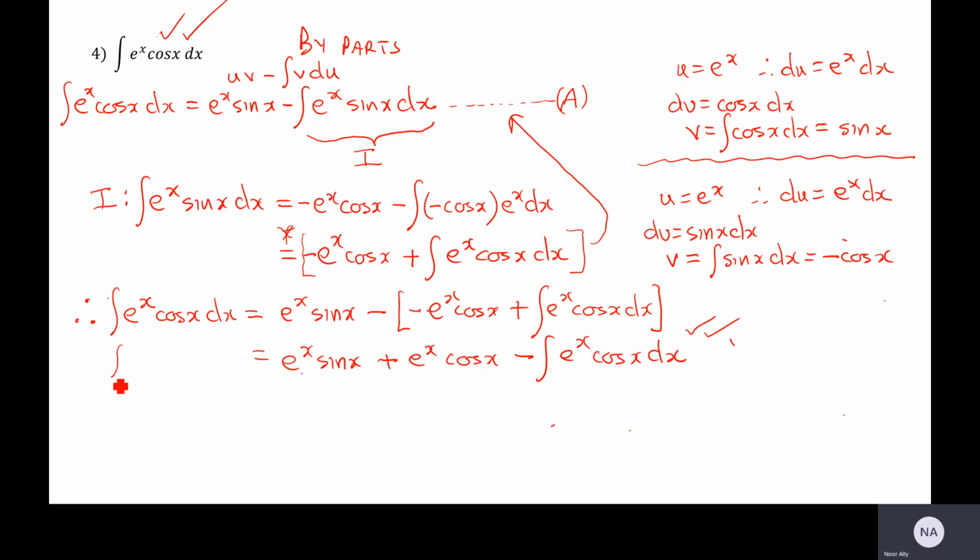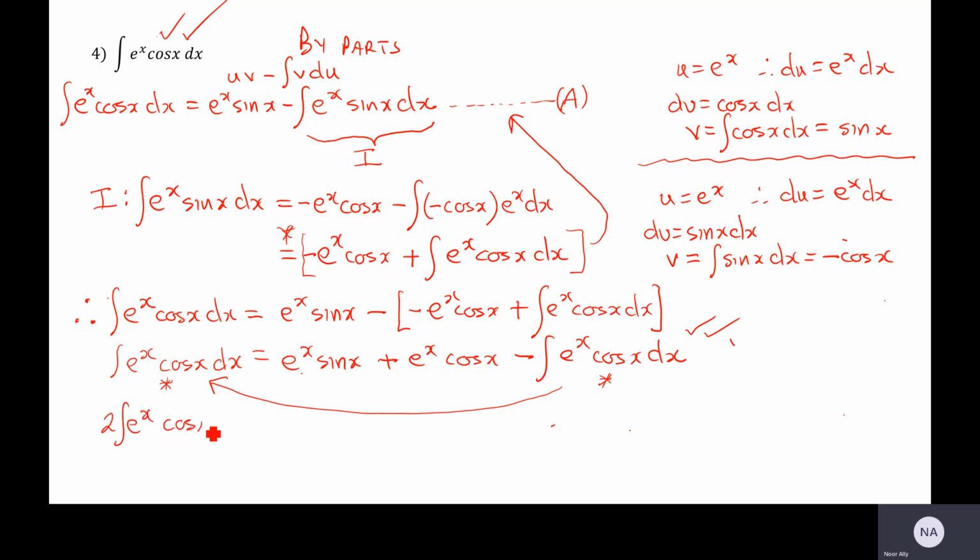Well, on the left-hand side, this is integral e to the x cos of x dx. So we have this integral and that integral exactly the same, and we simply transpose and add like terms. When I transpose, that minus sign becomes a positive, and how many of those integrals will I have? I'll have two of those integrals.